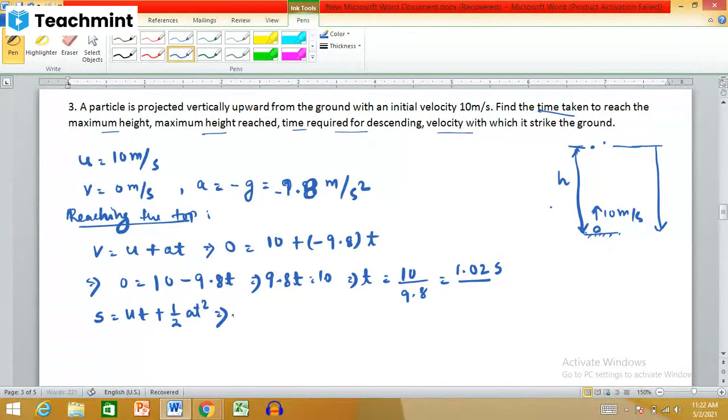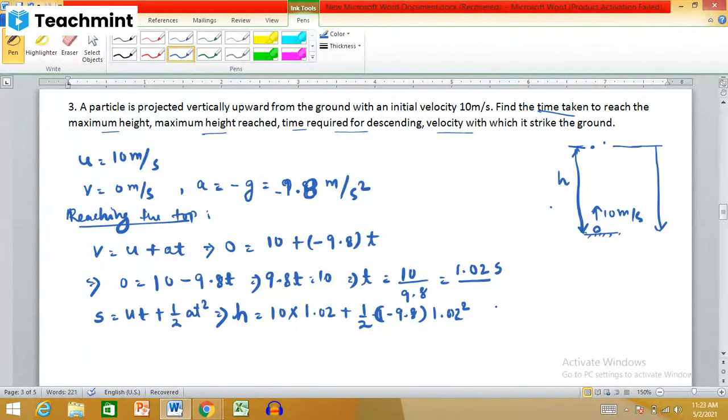Our s is nothing but the h. u is equal to 10, t is equal to 1.02, plus half a t square.